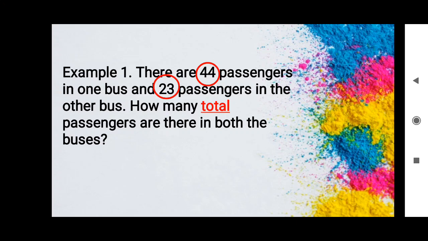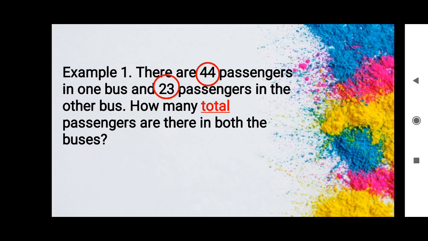Now the next step, you have to form a statement based on these numbers. So first number, as you can see, what does 44 represent? 44 represents the number of passengers in one bus. And what does 23 represent? 23 represents the number of passengers in another bus.